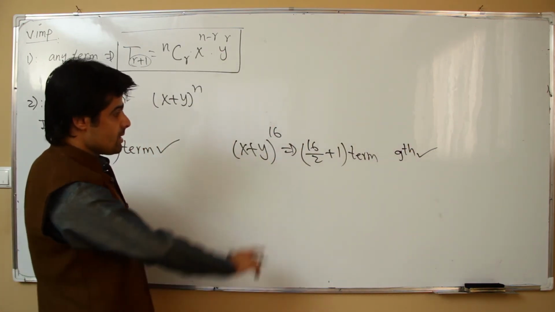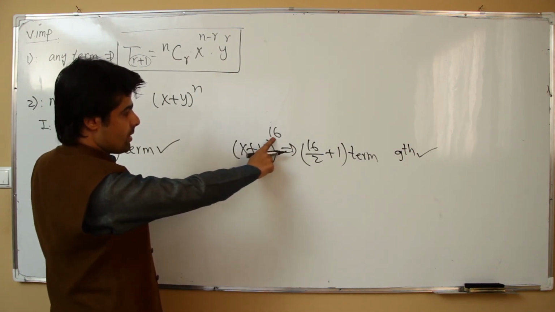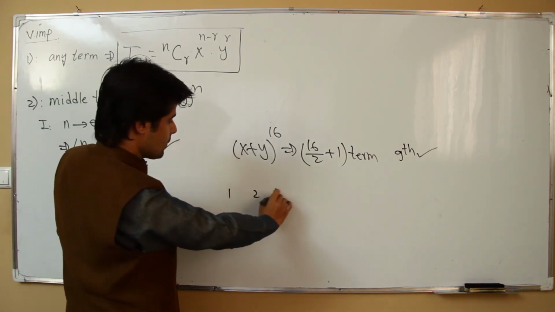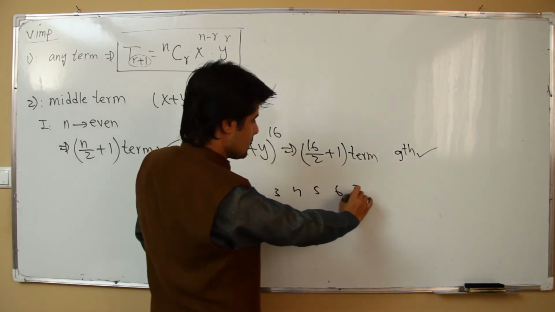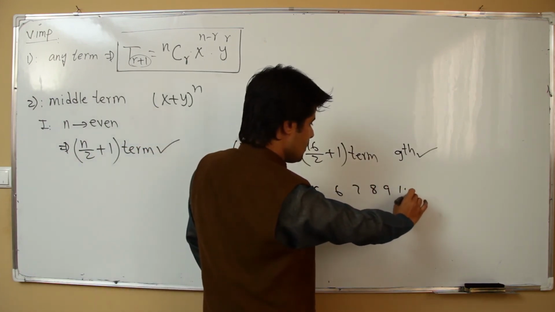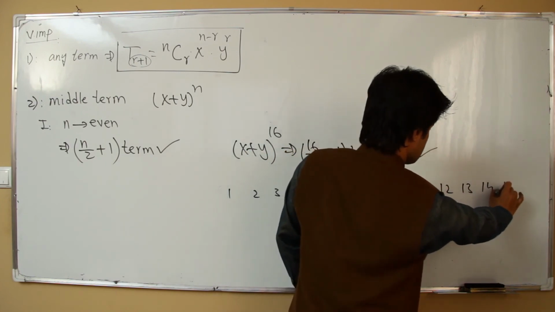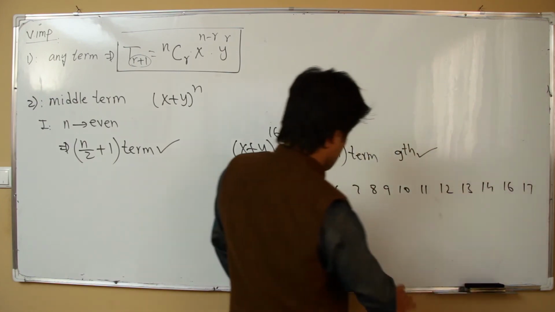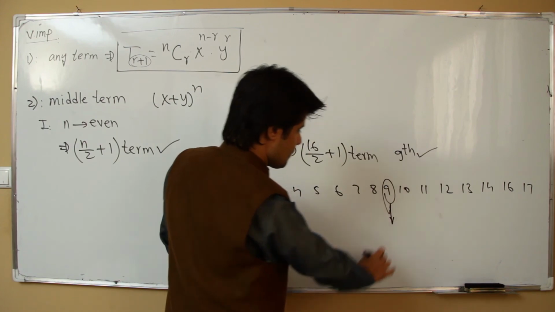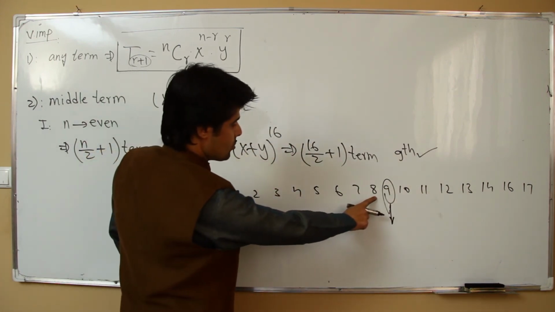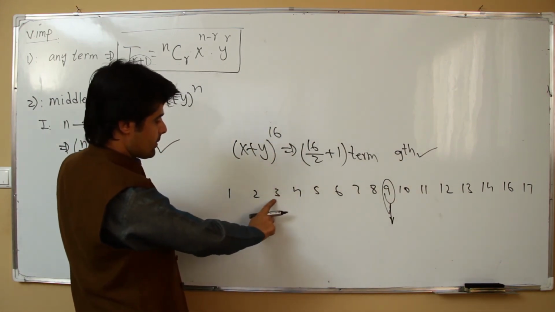Why? Indeed, it has how many terms? 17. So we have 1, 2, 3, 4, 5, 6, 7, 8, 9, 10, 11, 12, 13, 14, 15, 16, 17. So this is the middle term. And I think how many parts do we have in here? 3, 4, 5, 6, 7, 8.